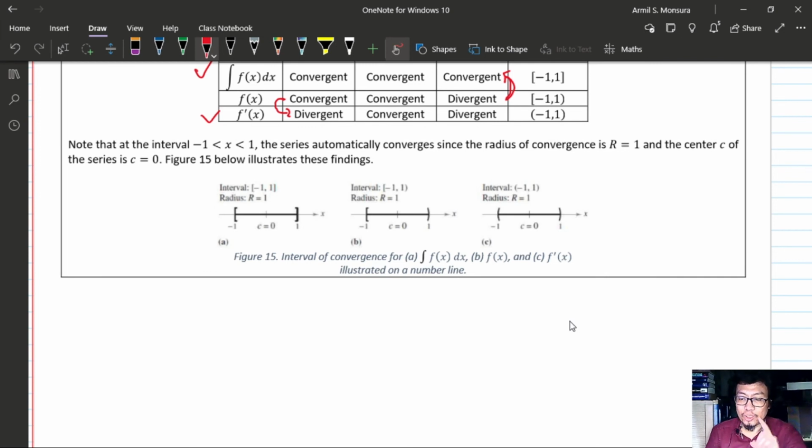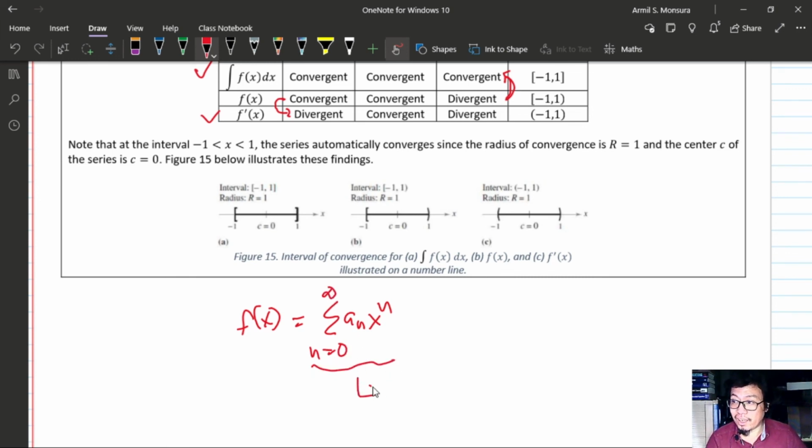And also, we will try to answer this question. What is not yet answered is that we were able to write a function into its power series, and we were able to determine its convergence. So we now know that it can converge on a certain interval.